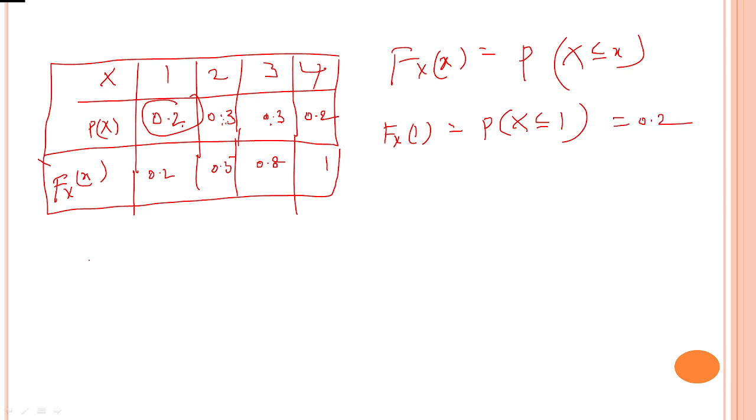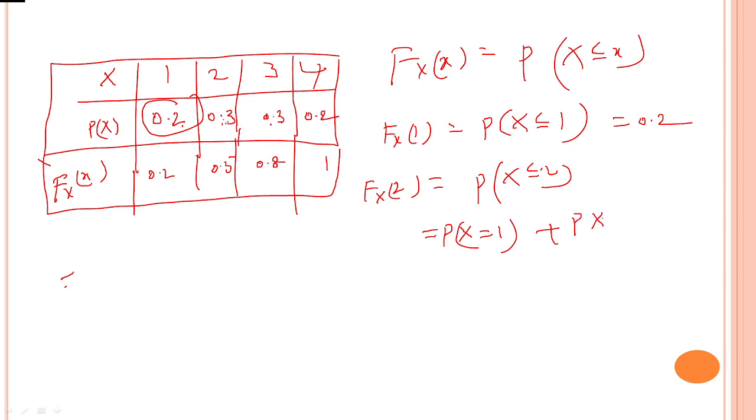And F x of 2 means probability of x less than or equal to 2. Therefore the values less than or equal to 2 are x equal to 1 plus x equal to 2.